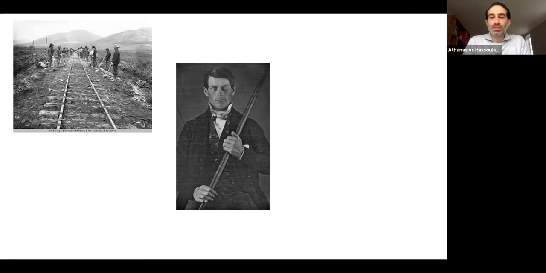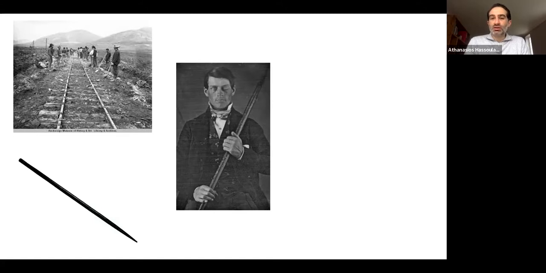So he was using the tamping iron that he's seen holding in the image here to compress the gunpowder into the ground. And the story goes that the tamping iron, whilst Phineas was distracted by one of his colleagues, struck one of the nearby rocks, thereby igniting the gunpowder and effectively turning the tamping iron into a missile.